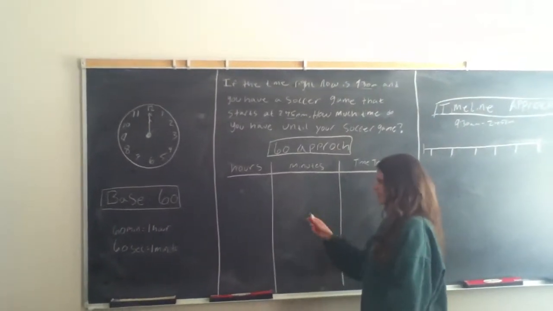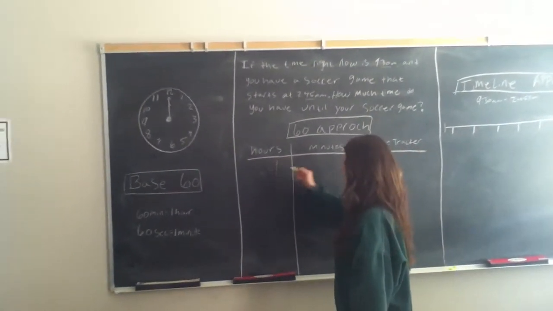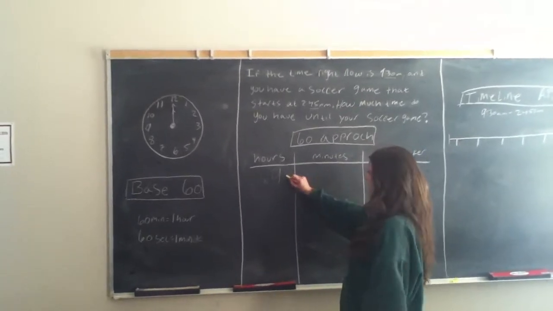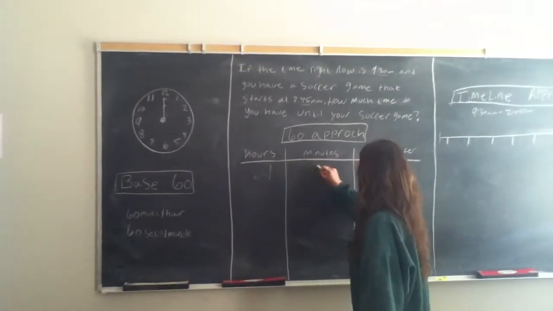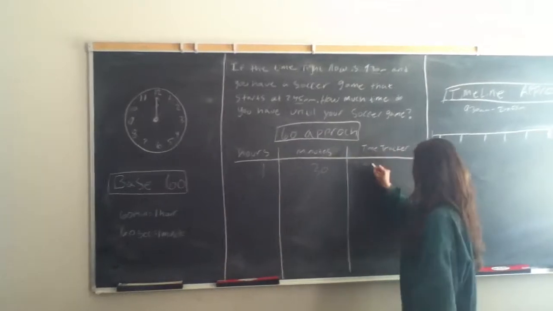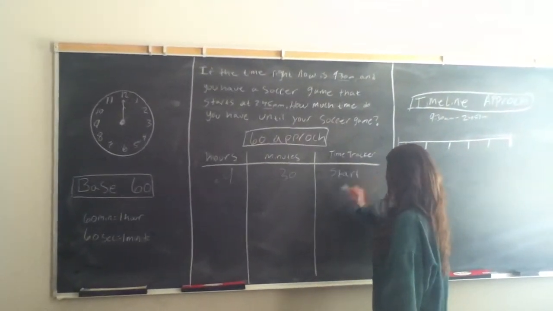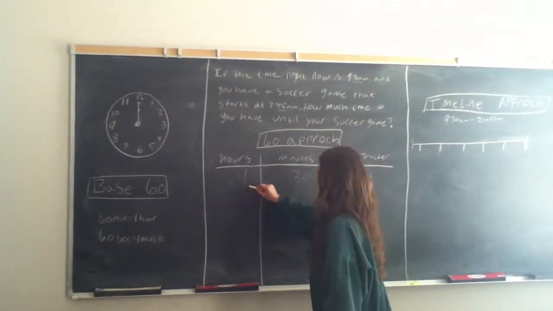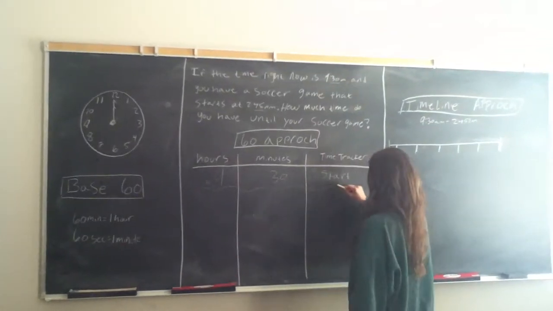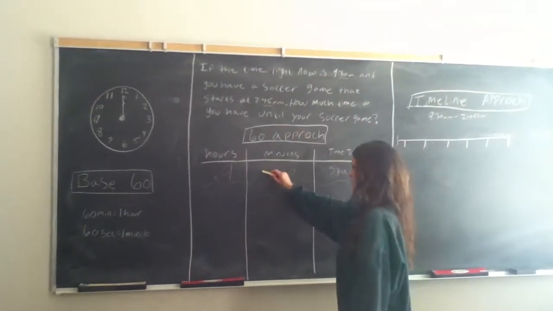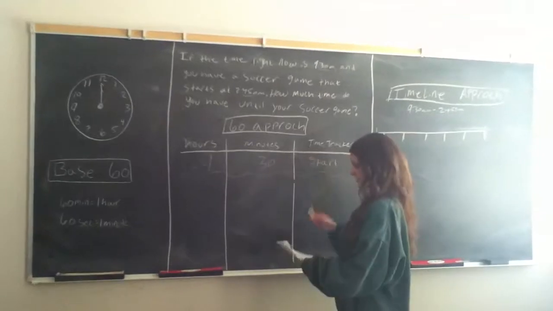So if the start is 9:30, the hour is 9, and the minute is 30, we can put our start under the time tracker. I'll just put a little line under here because we won't be counting that hour. That's just the start. Okay.